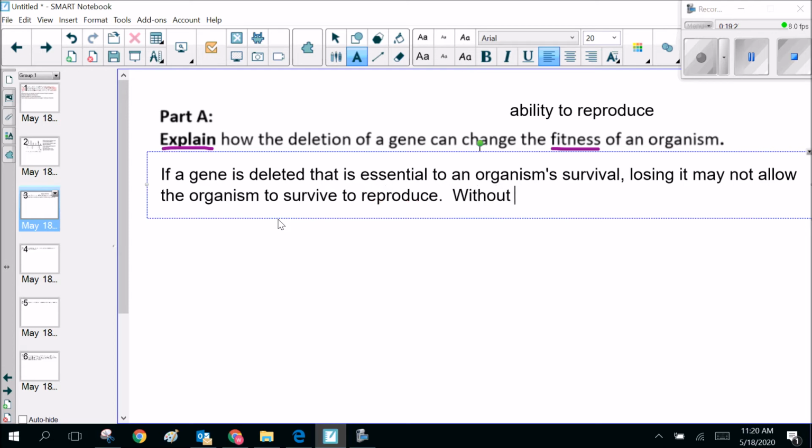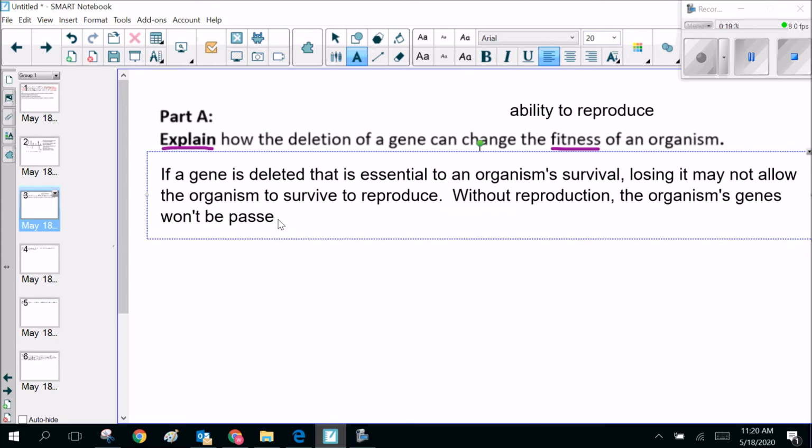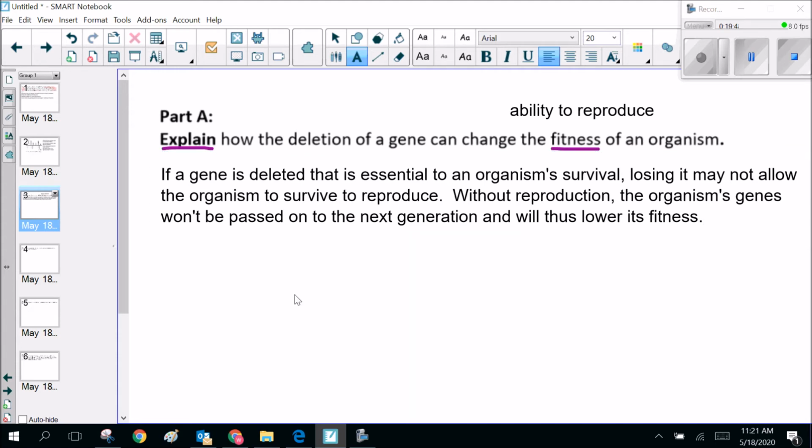Without reproduction, the organism's genes won't be passed on to the next generation, and will thus lower its fitness. So essentially, we're just answering if a gene is gone and it doesn't allow the organism to survive, the organism can't pass on its genes, and therefore its fitness goes down.